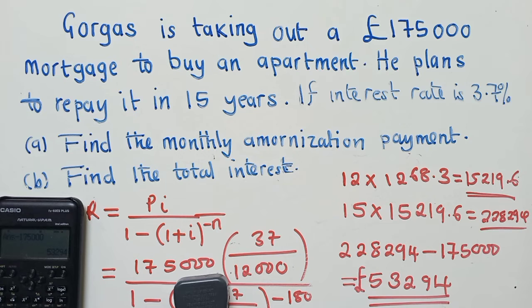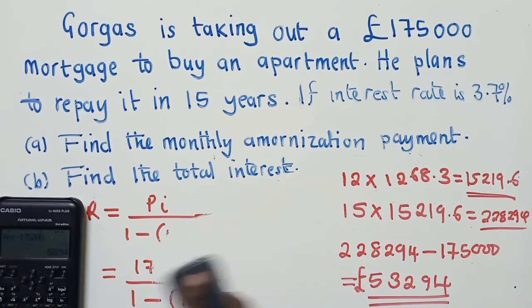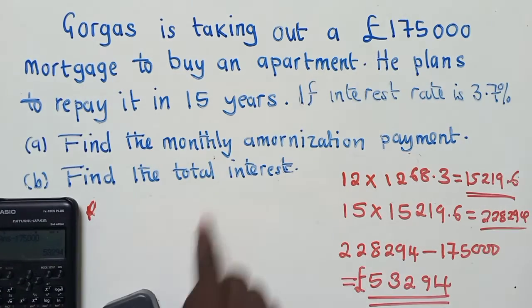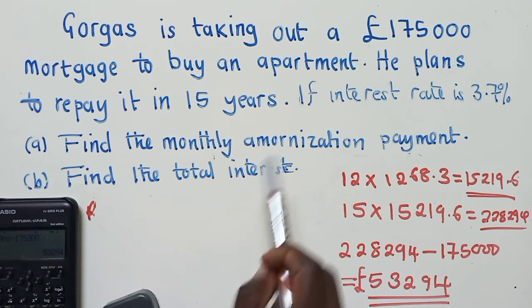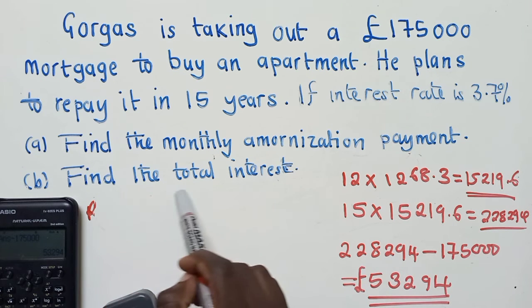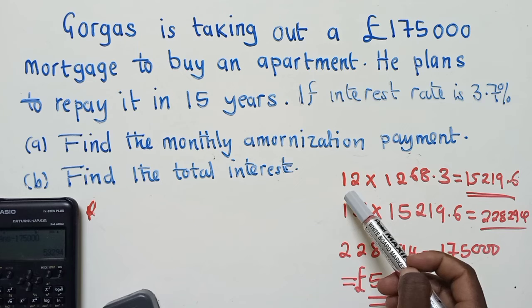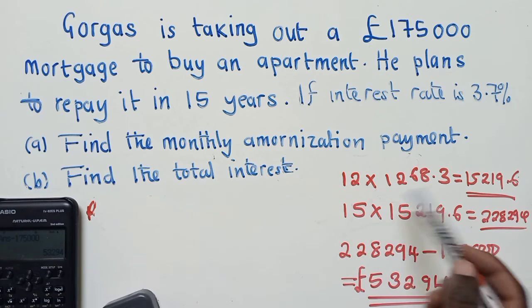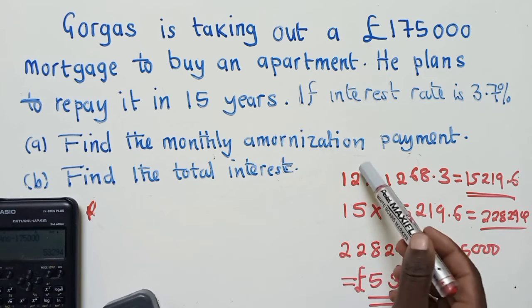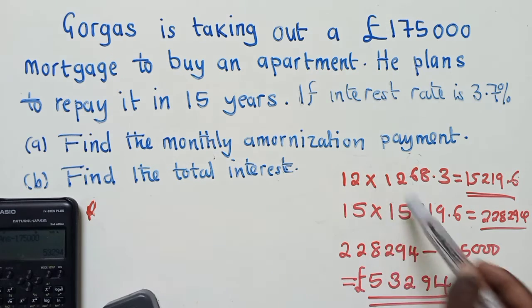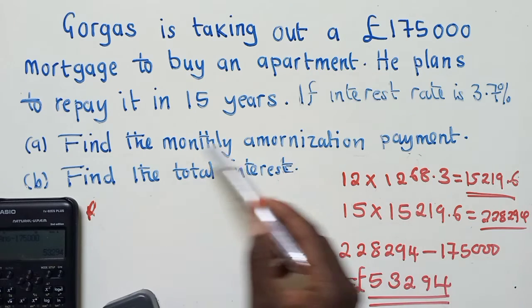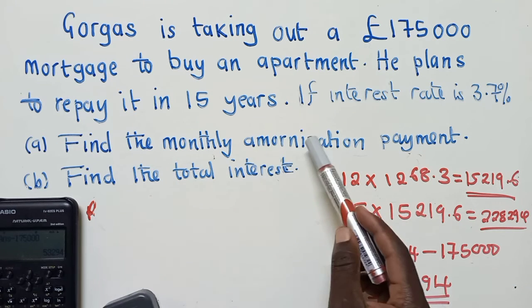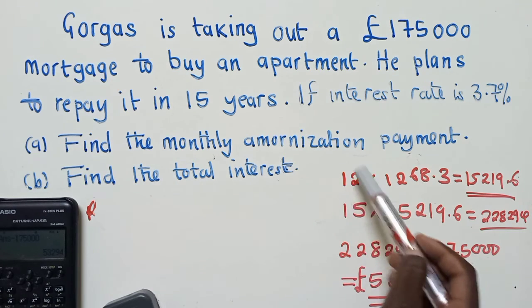Let me just go through the last part with you. When you answer question A, what this person is paying in a month, for you to find the total interest, you are supposed to find how much this person is paying in a year. Because the amount we found is for a month, multiply the answer from question A by 12 months in a year.